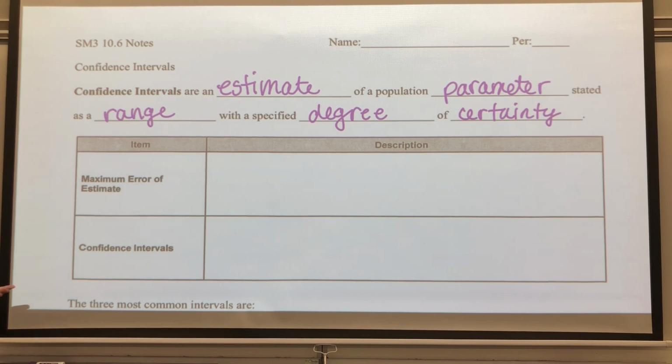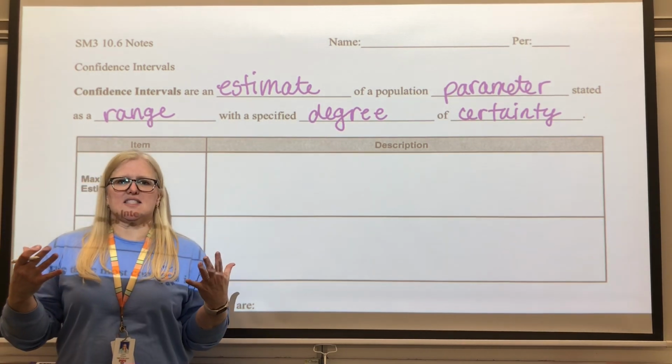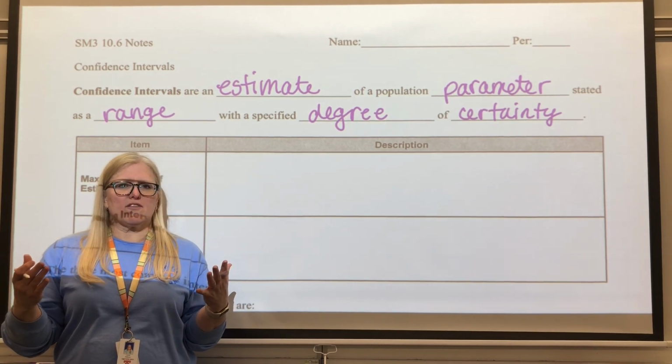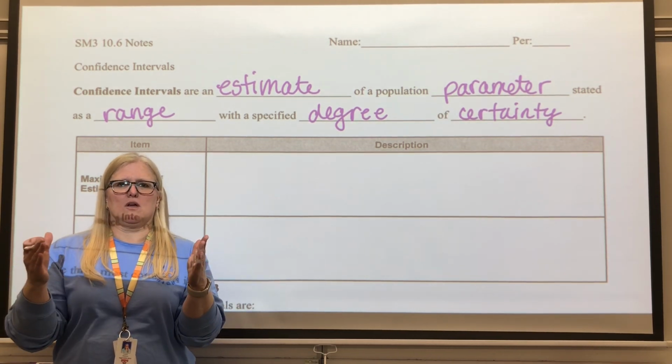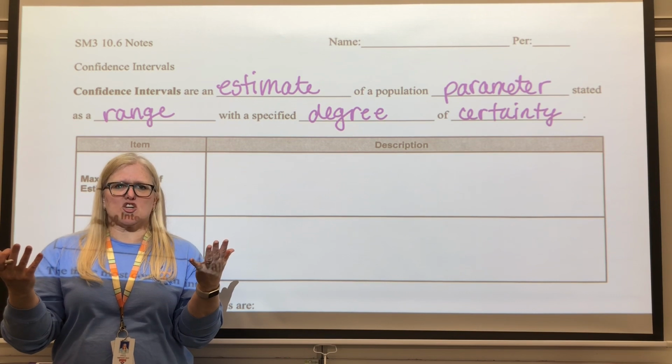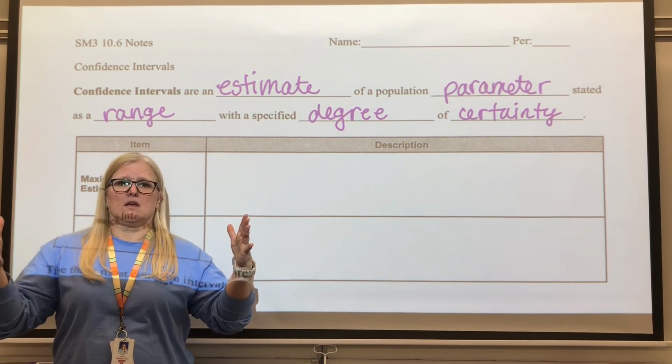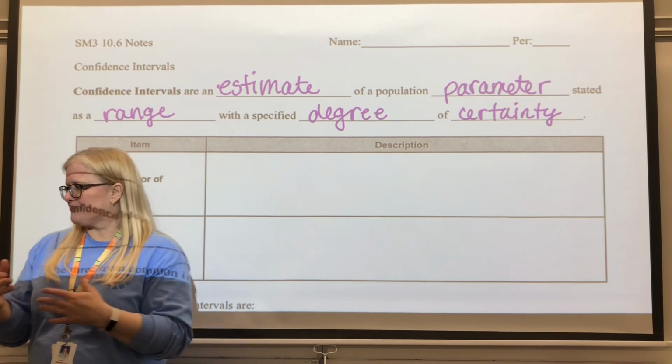In other words, I can say I am 90% sure that what I'm looking for is between here and here. Or I'm 95% sure that what I'm looking for is between here and here. Okay, so that's what we're looking at.